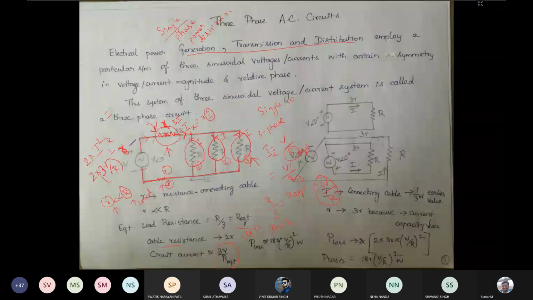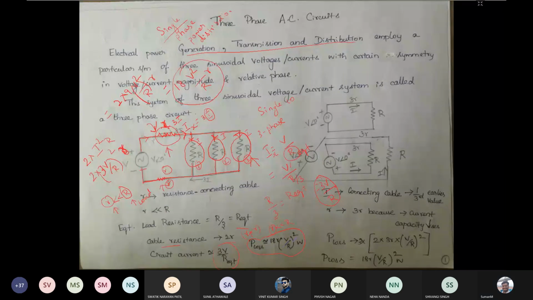Now the overall value is coming as 2 into 9 into V square divided by R into small r, whole bracket. So the overall power dissipation only in these cables is 18 V square divided by R into small r. Okay, so that is what is given here. The power loss in the power cable only is given by 18 r into V by R the whole square, in watts.